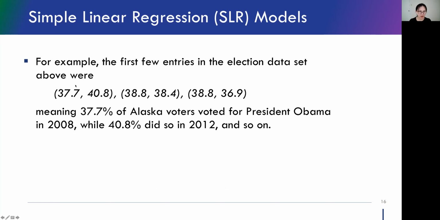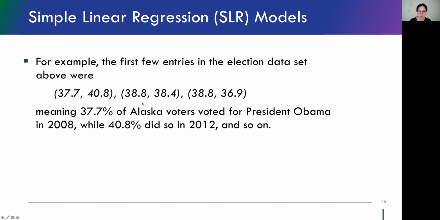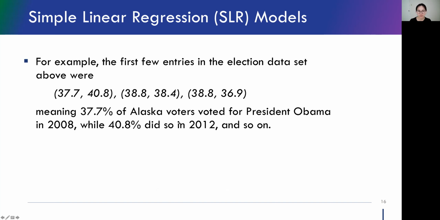Sorry, I mean in the data set it would be like this, but it's hard to find the right point from the plot. This is what our data set would look like, and you use this data set and make a plot like this, and then you can get the regression going.